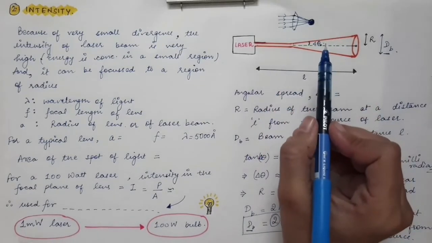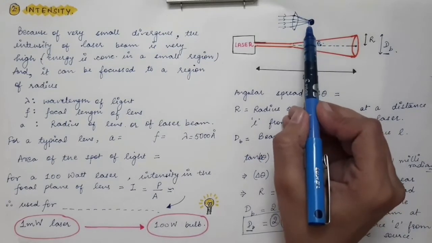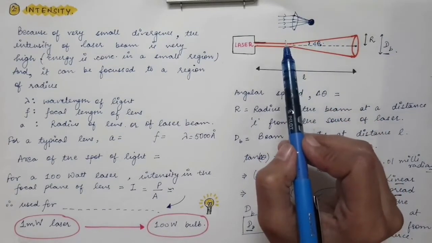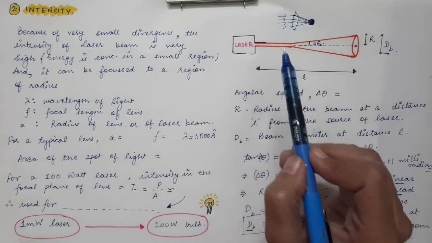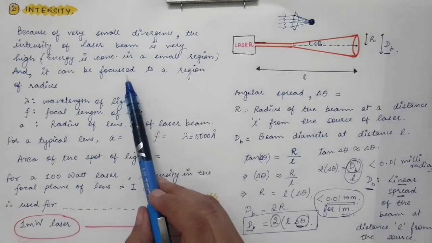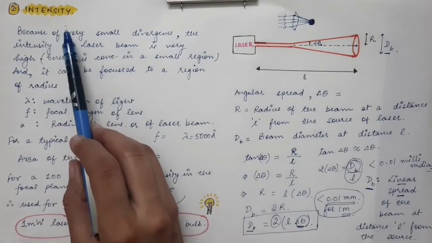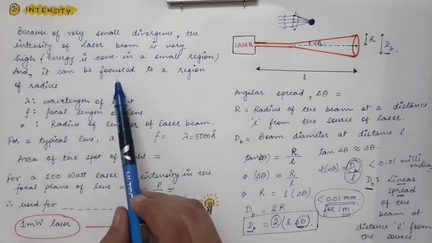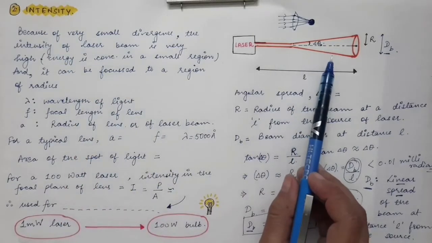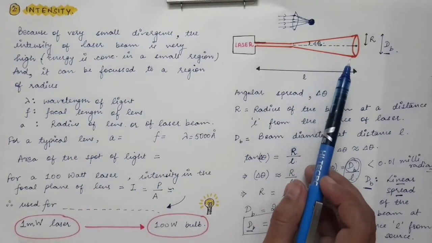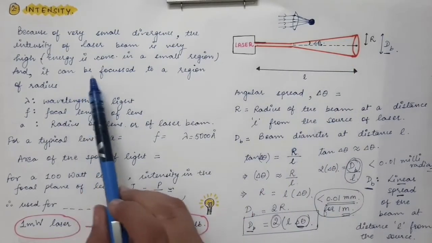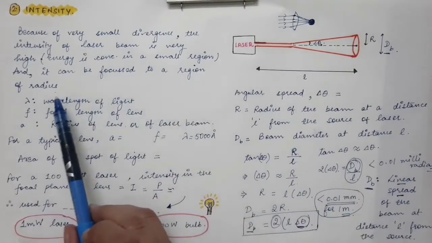So in the case of a laser, we can focus the laser light in a very small region. It can be focused to a region of a radius.